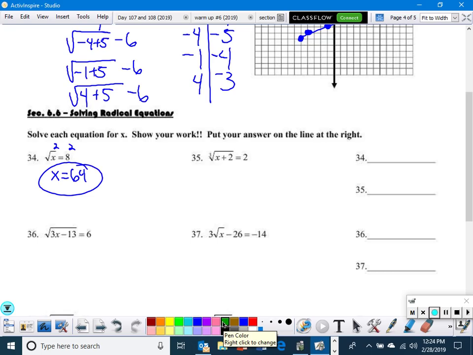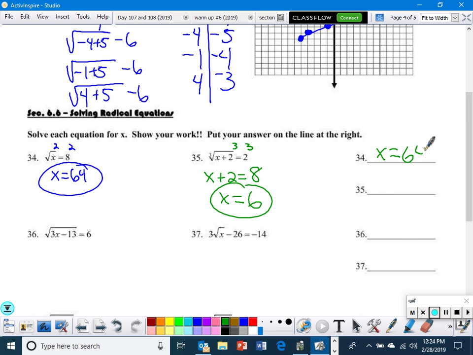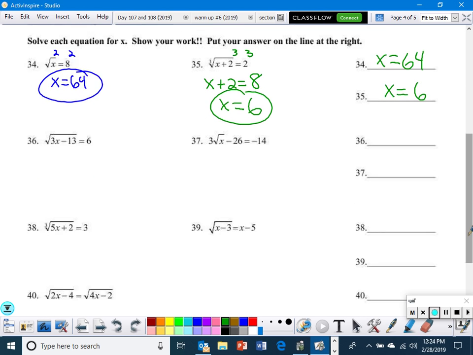Okay, this one we are going to get rid of the cubic root, cube both sides. X plus 2 equals 8. 2 cubed is 8. Subtract 2, 6. Number 36, square both sides.